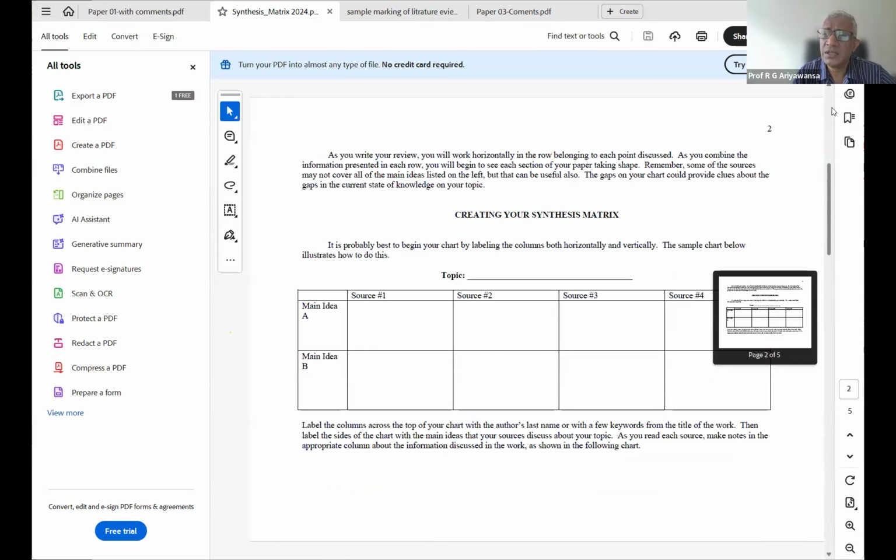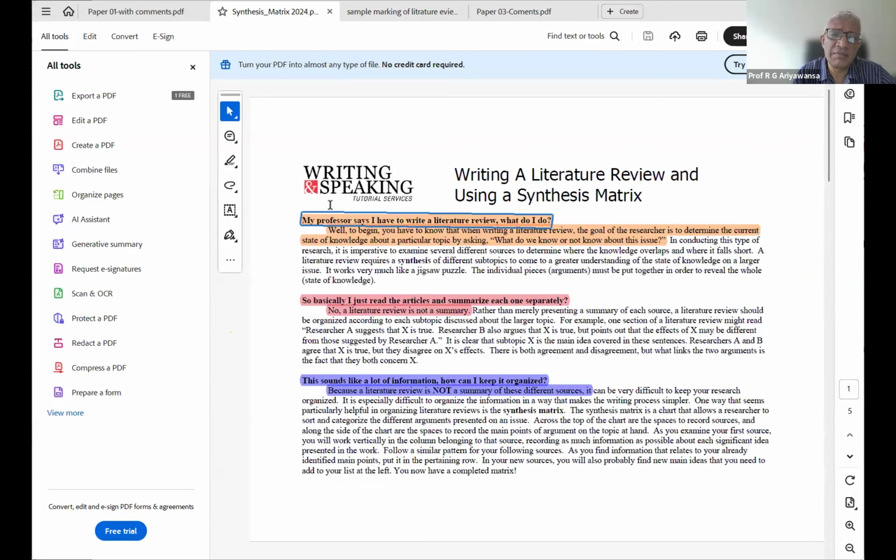I will send you this. You can go through it carefully, step by step, the statement paragraph, and you can understand this one, right? Try to understand and adapt the same mechanism or tool for your work. I think it helps you to organize your literature review in a meaningful way.